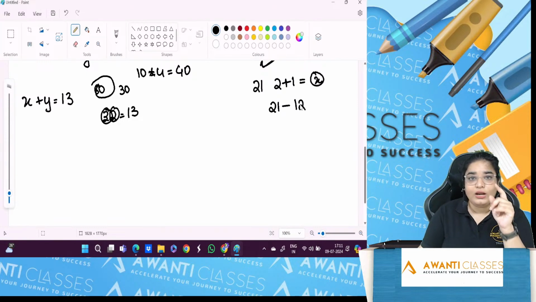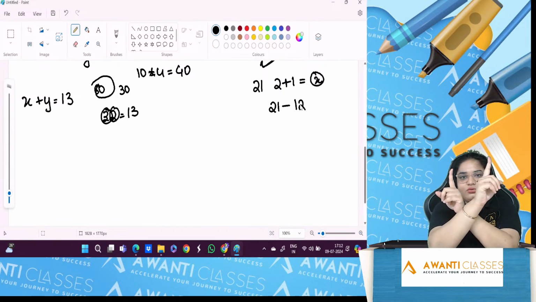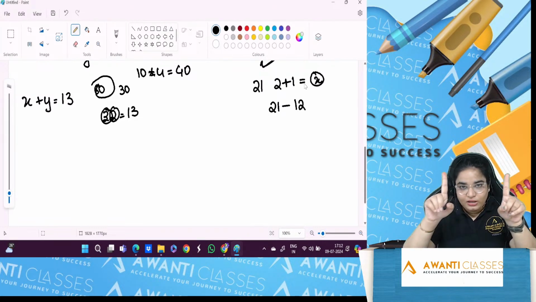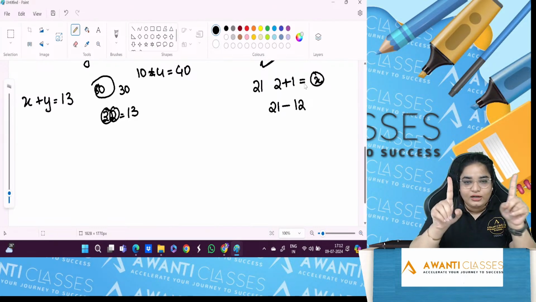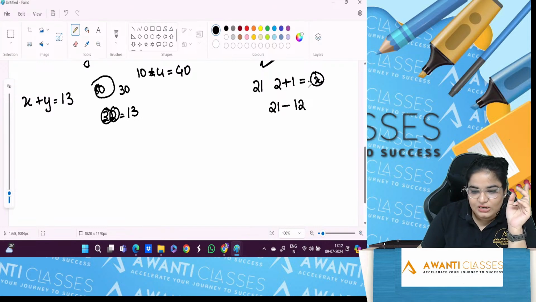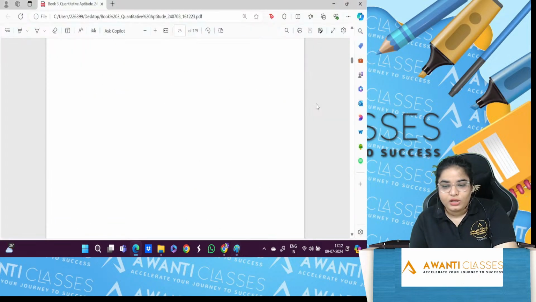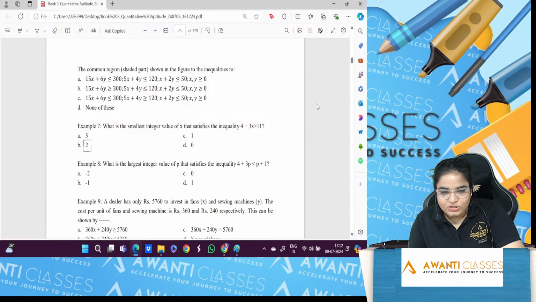How did I get 12? 2, 1, 1, 2. If I interchange these digits and I subtract it, they are getting the y number. So in this question, that's all they're asking.